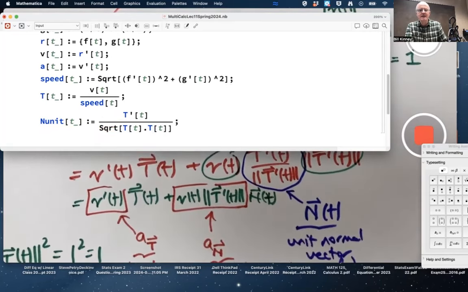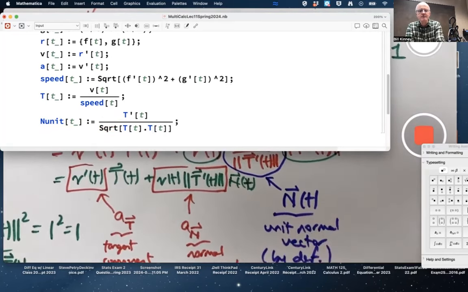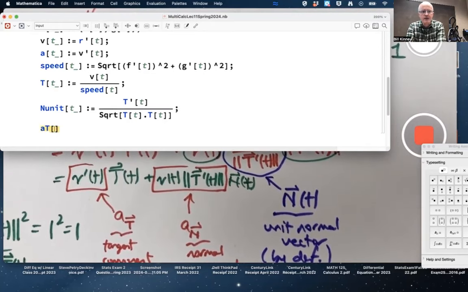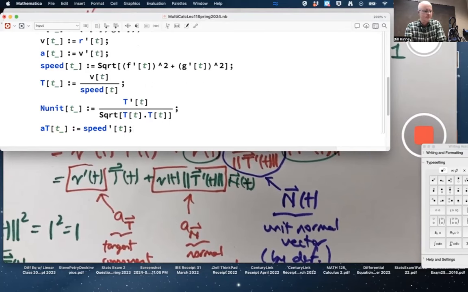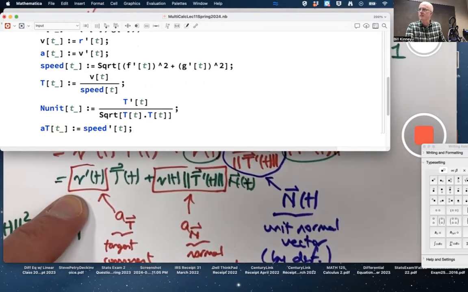We could do the a sub t and the a sub n too, I suppose, here. I guess I won't bother with the subscript. I'll just type a capital T of t is speed prime. Right? The derivative of the speed, not the velocity. This is not the acceleration vector.